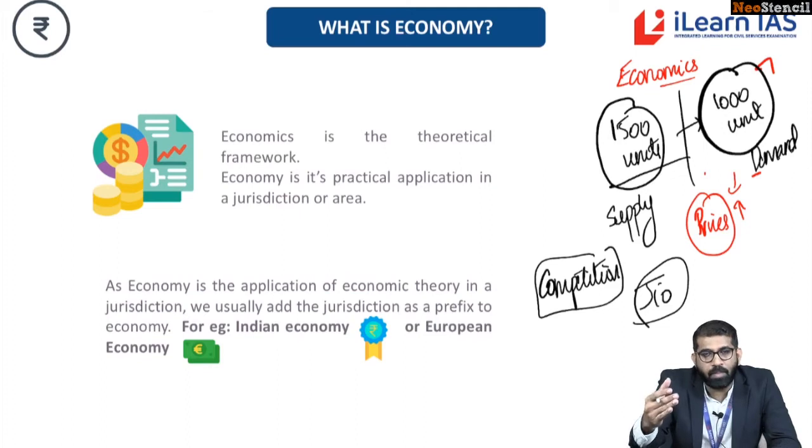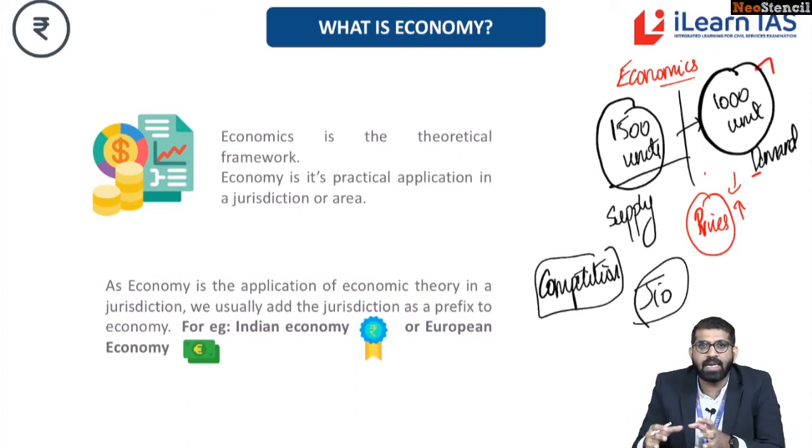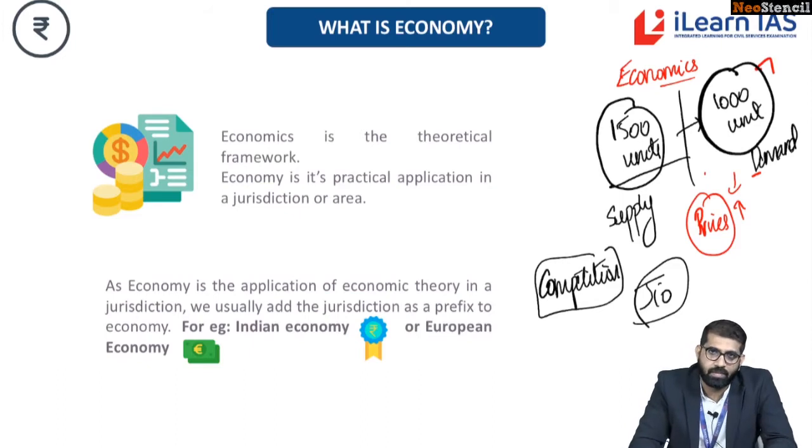So when the economic theoretical framework is applied in a particular jurisdiction, we call it an economy. And this is the reason why usually we have a prefix attached to economy. We never say just economy, we say Indian economy, US economy, European economy or Chinese economy, right? So why do we use that particular prefix?